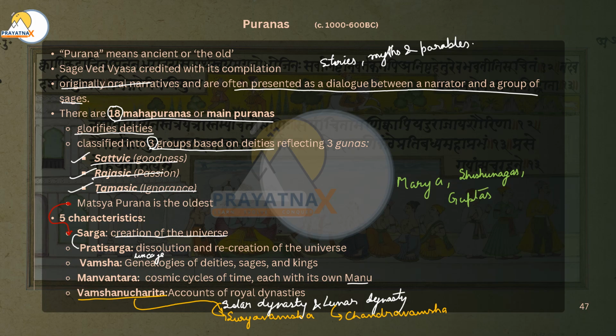The names of various Puranas include Brahma Purana, Padma Purana, Vishnu Purana, Shiv Purana, Bhagavad Purana, Narad Purana, and so on. And there are 19 Up Puranas.